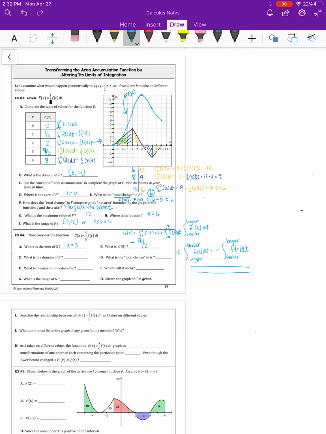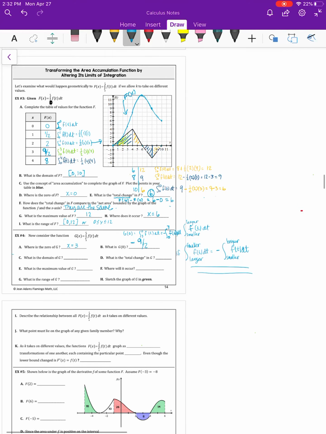What is the domain of g? So how would we figure out our domain here? Well, it's the same function. It's integrating f of t. So my domain is going to be the same, from 0 to 10, because I'm integrating the same function up here, just like we did on capital F. Now we're doing capital G. The only thing different is that capital F started at 0 and went to x of this function, and capital G starts at 3 and goes to x of this function.